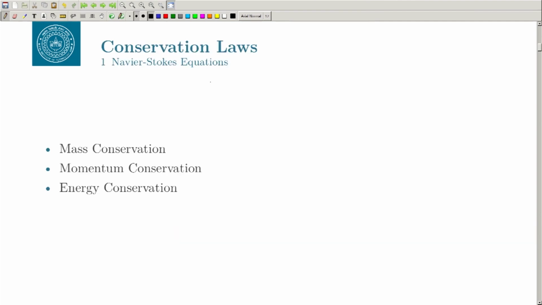As you know, there are primarily three conservation laws. There is mass conservation, which is basically, if you make a body like this, mass in, mass out is equal to rate of change of mass.